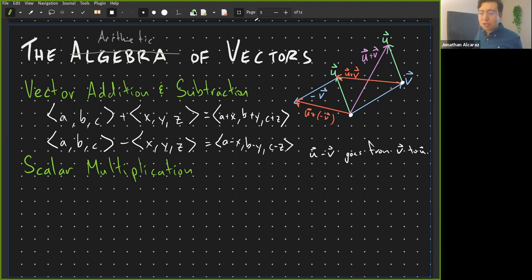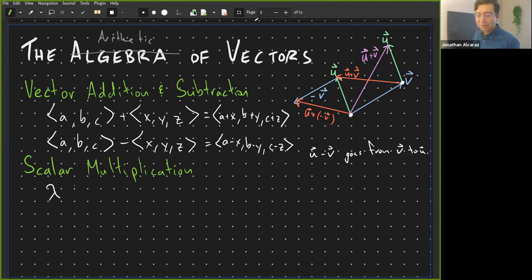We can't necessarily multiply two vectors together, though we are going to learn a sort of multiplication for vectors tomorrow, but we can multiply a vector by a real number.